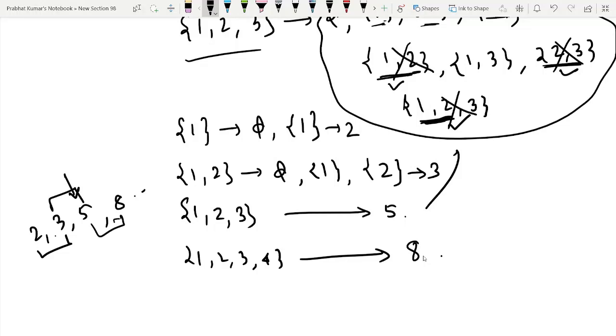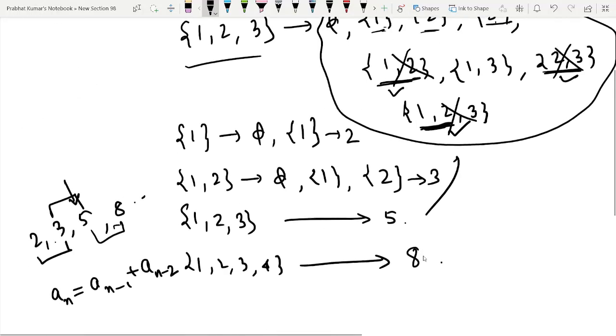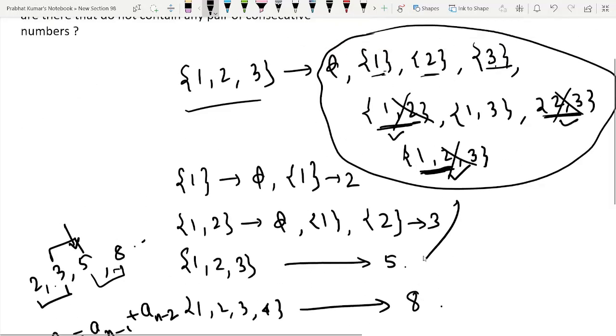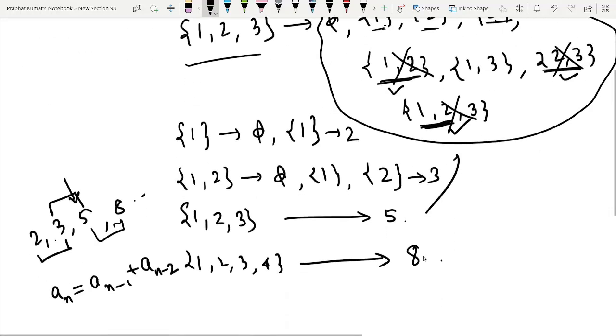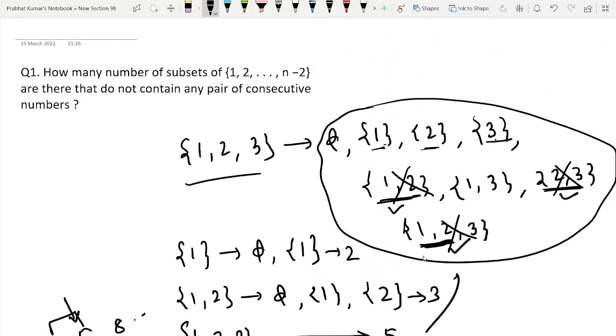So we have a solution in mind, that the term can be found using the sum of the previous two terms. So a_n is a_(n-1) plus a_(n-2). This should be our intention when we analyze such small sample cases. Let's see if this intuition is true in general and how this problem unfolds.